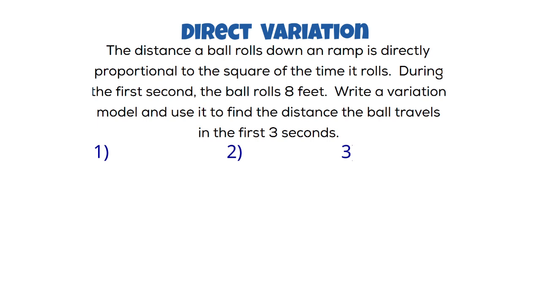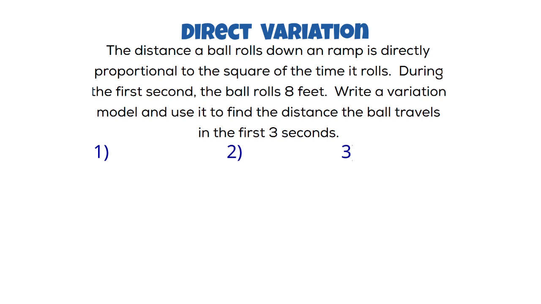Let's try another one. This time it says the distance a ball rolls down a ramp is directly proportional, all right, I got that direct variation going again, to the square of the time that it rolls. Step 1 is to write our model.